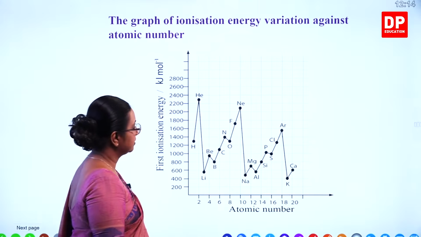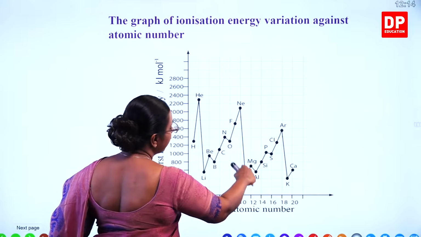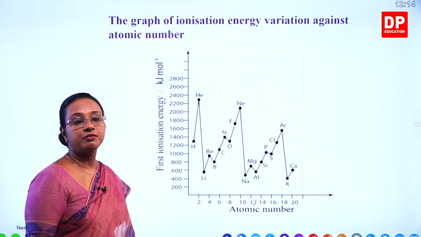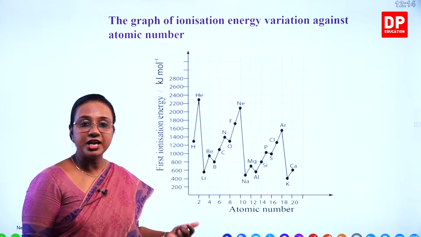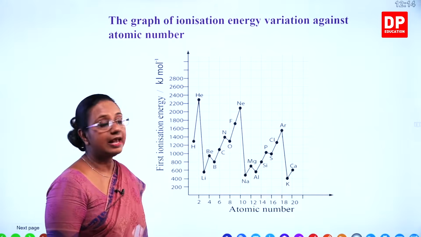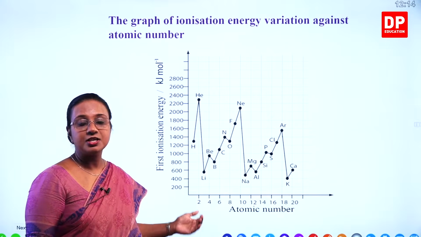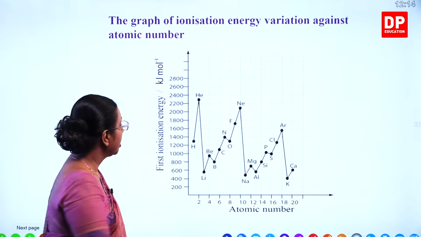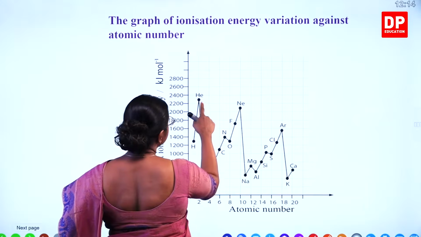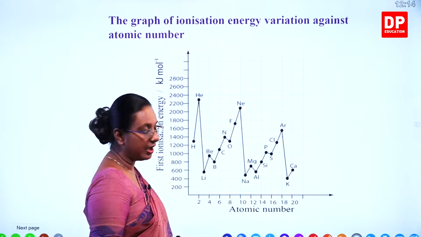And in this, you can see the nice pattern of the first ionization energy changing for these elements. The variation in first ionization energy of elements. You can see hydrogen, helium is very high.